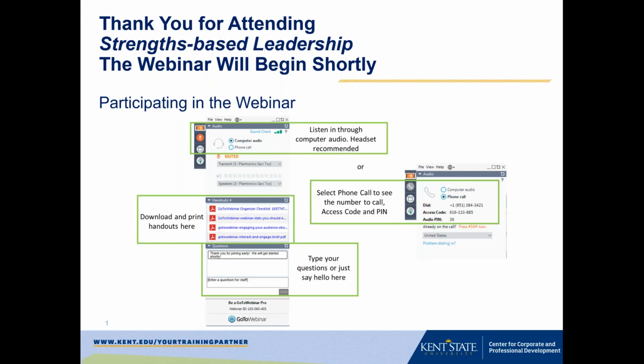What it essentially does is take a look at 4 categories. So those 34 themes from StrengthsFinder are then grouped into 4 leadership categories. And the 4 categories are executing, influencing, relationship building, and strategic thinking.